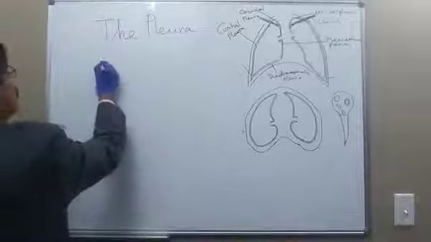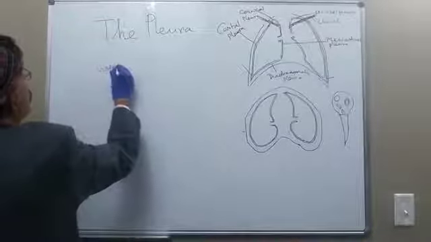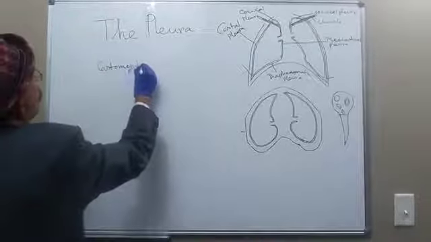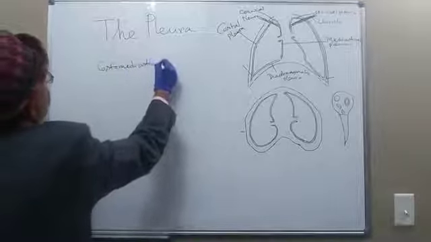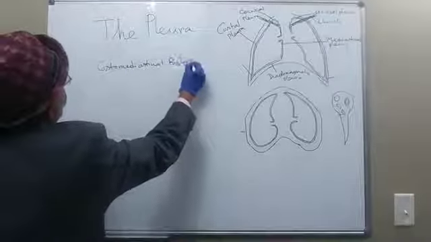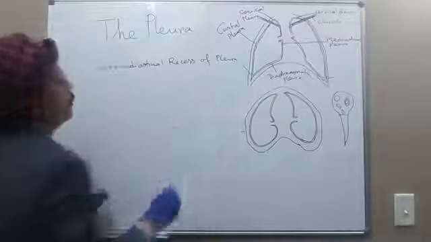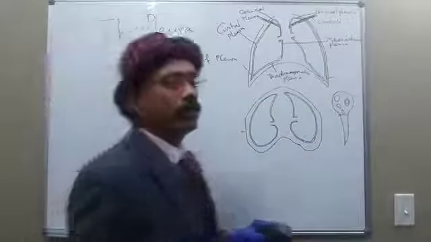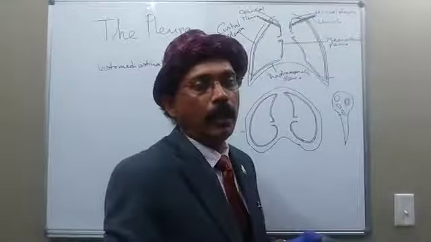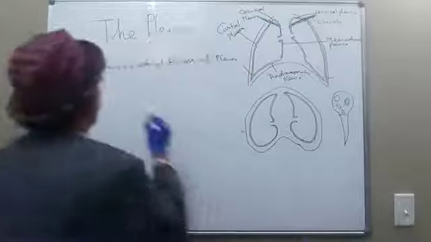Okay, we have also the costomediastinal recess of pleura. This is a slit between the costal pleura and the mediastinal pleura.